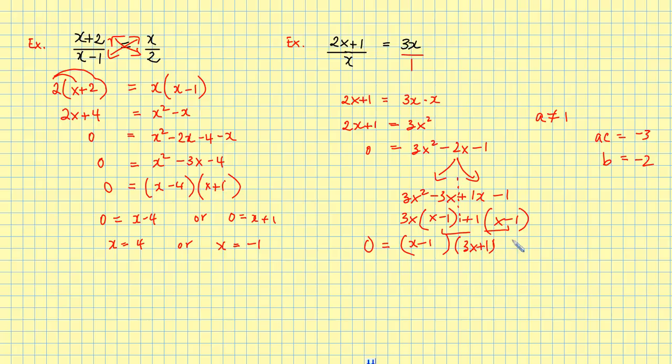But remember that these are still equal to 0, therefore we're going to use our null factor law. And we're going to say either x minus 1 is equal to 0, or 3x plus 1 is equal to 0, and x equals 1, or x equals negative 1/3. All right, that's it for today.